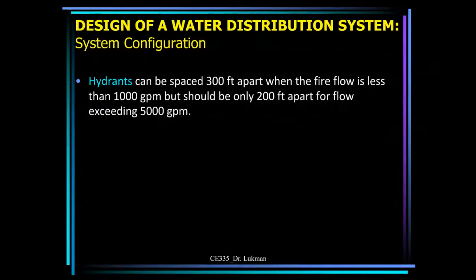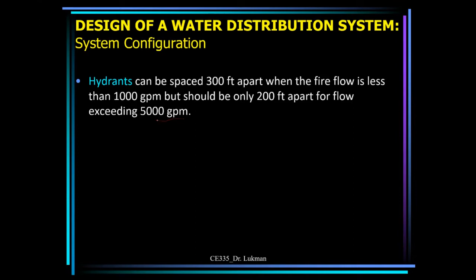And hydrants can be spaced 300 feet apart, which is simply about 90 meters. So they can be spaced 90 meters apart when the fire flow is less than 1,000 gallons per minute, but should be only 200 feet apart for flow exceeding 5,000 gallons per minute.